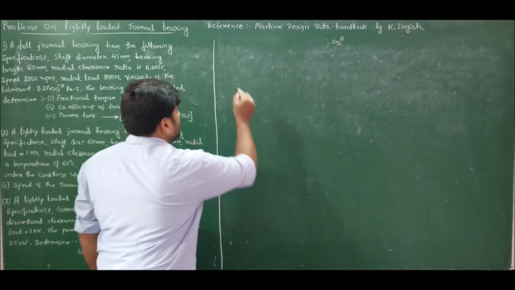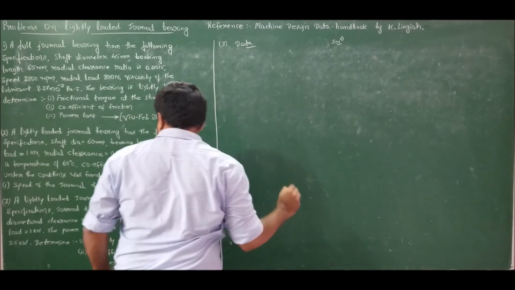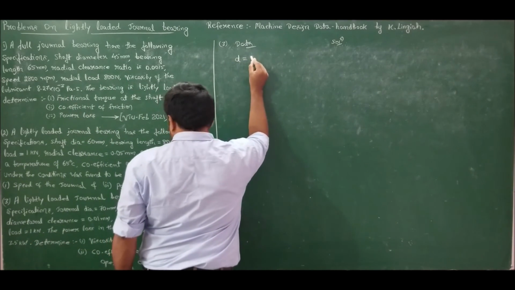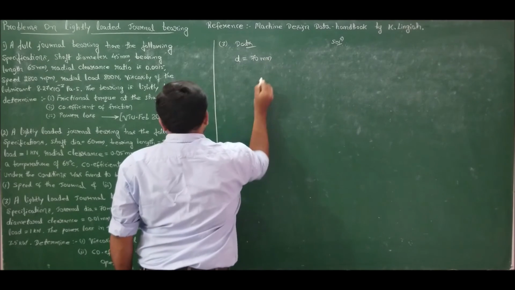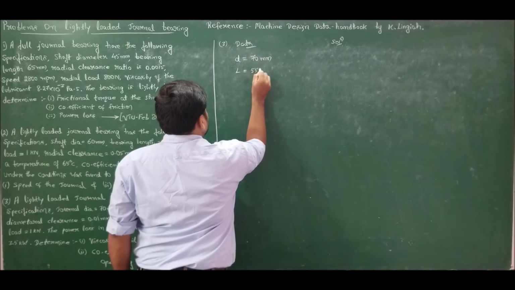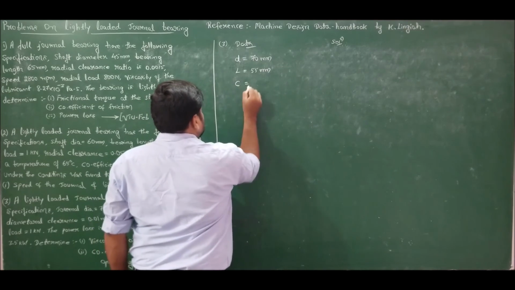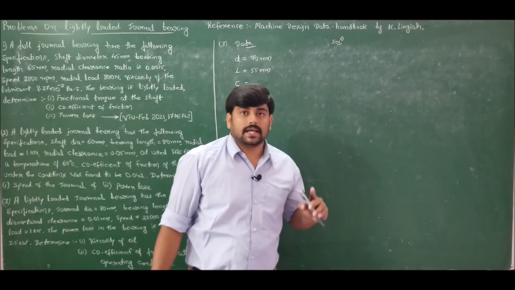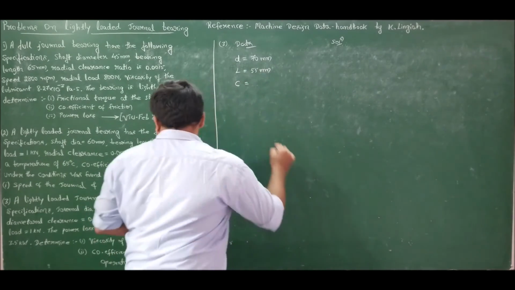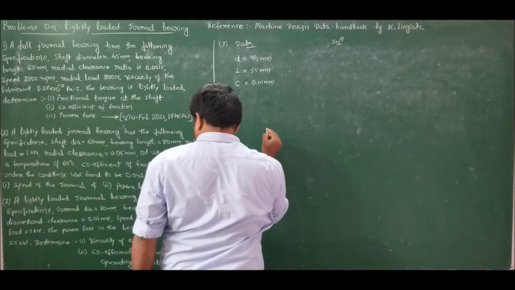Let us list out the data given for problem number 3. We have a lightly loaded journal bearing with journal diameter, how much is journal diameter? 70 mm. And bearing length is 55 mm. Diametrical clearance, it is not diametrical clearance ratio. Xi is diametrical clearance ratio, but he has given diametrical clearance, that is C, which is 0.01 mm.